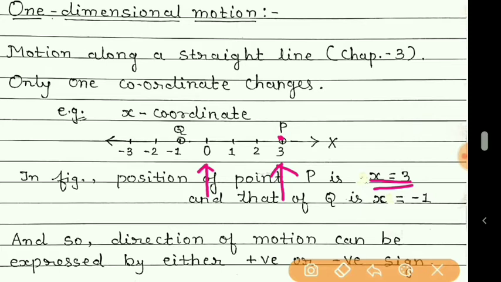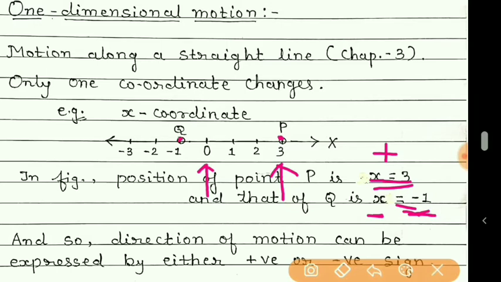If somebody asks you what is the position of point Q, then as it is on the x-axis, we say that it is x = -1. So either by positive or negative sign, we can get the direction or the position of the object.